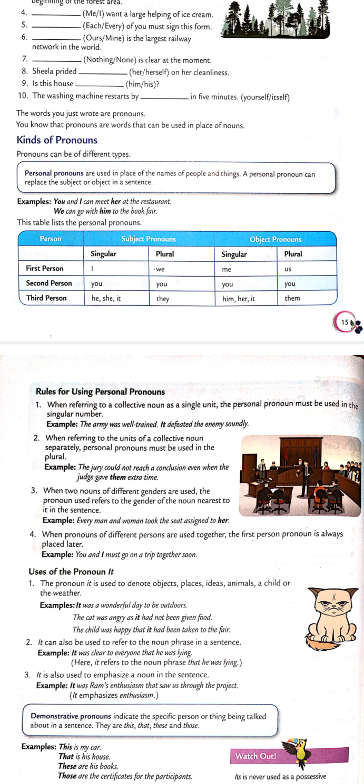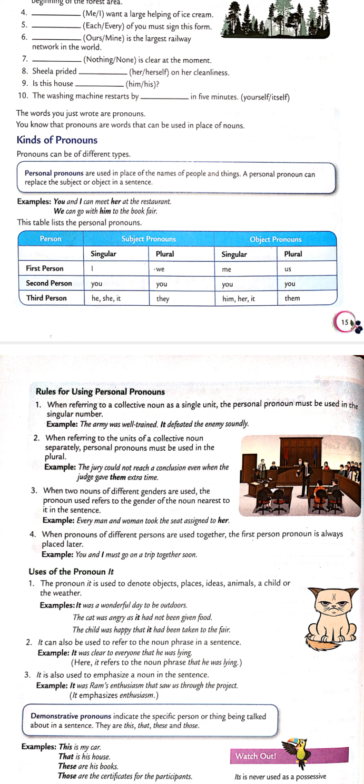So here the collective noun is jury, but jury is used here separately. So you can see here the plural pronoun them. Them is used here for jury. For the collective noun jury, them is used here.